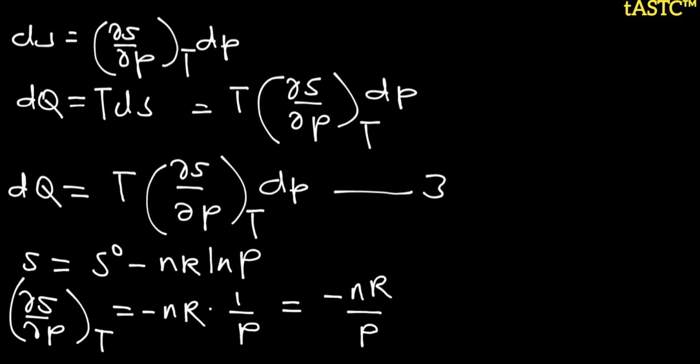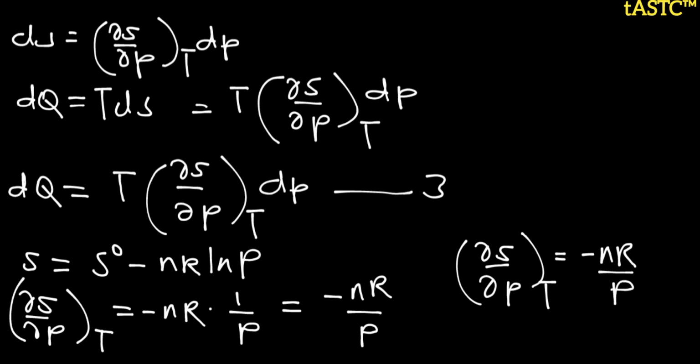So this is going to be negative nR divided by P. What that means is we have partial S partial P at constant T equal to minus nR divided by P. Now we already have that term in equation 3. So I would replace it with this other form in equation 3.